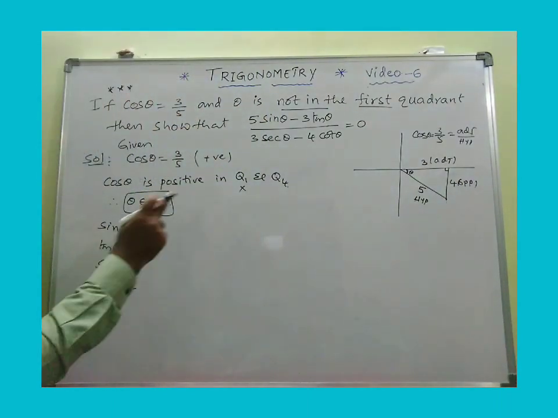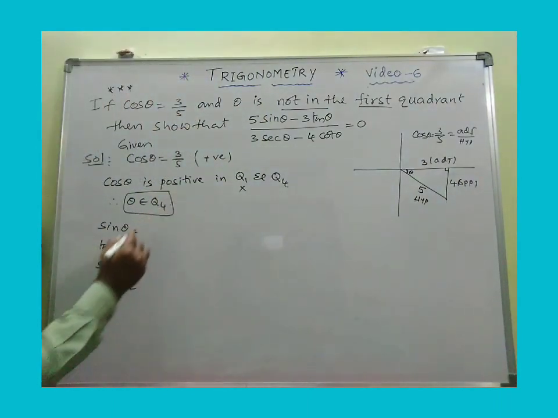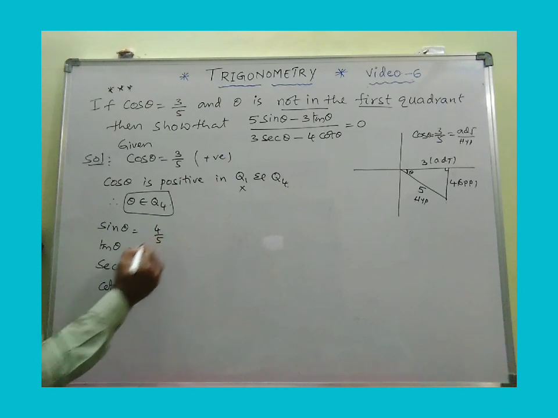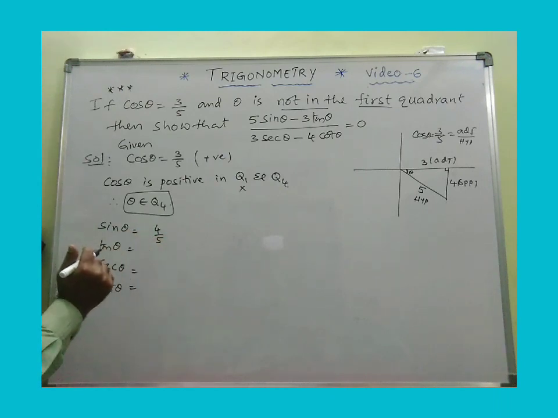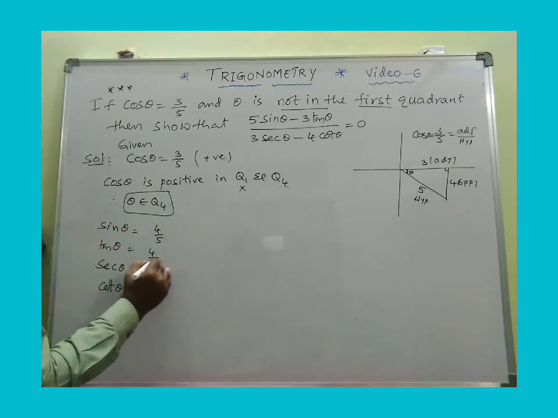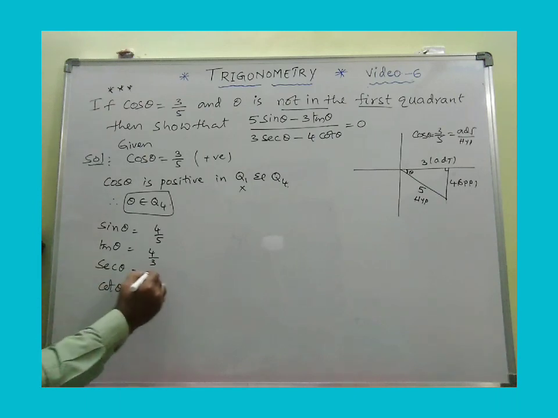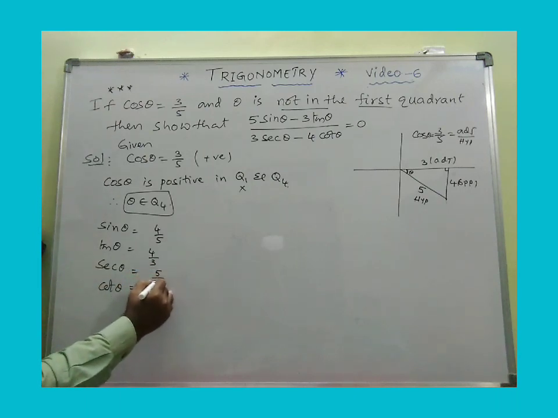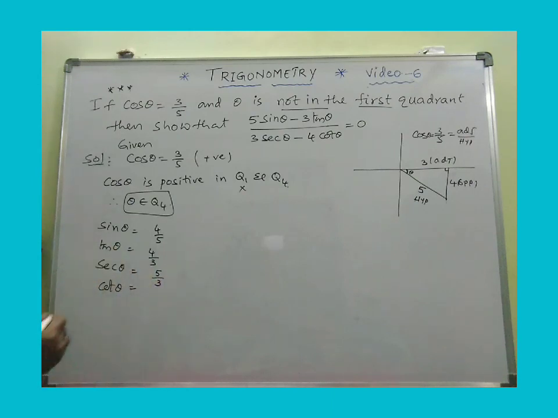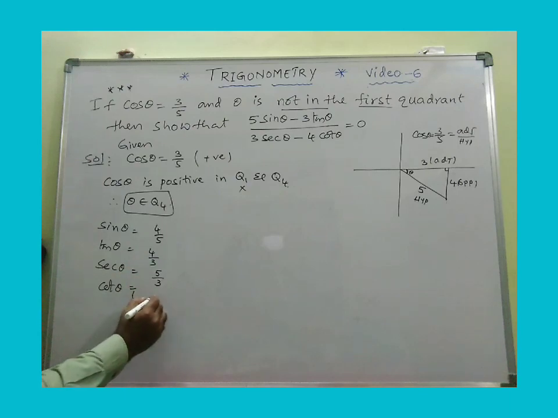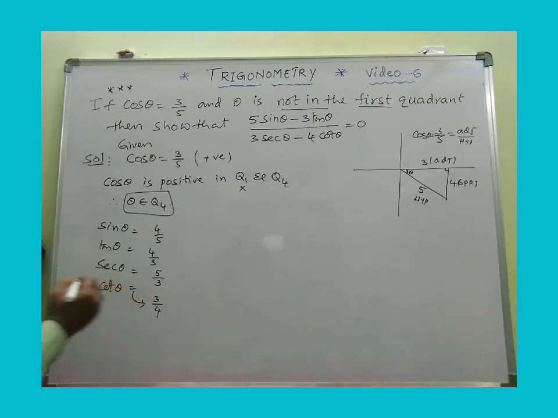So sin theta is opposite by hypotenuse, which is 4 by 5. Tan theta is opposite by adjacent, which is 4 by 3. Secant theta is hypotenuse by adjacent, 5 by 3. And finally cot theta is the reciprocal of tan, that is adjacent by opposite, which is 3 by 4.